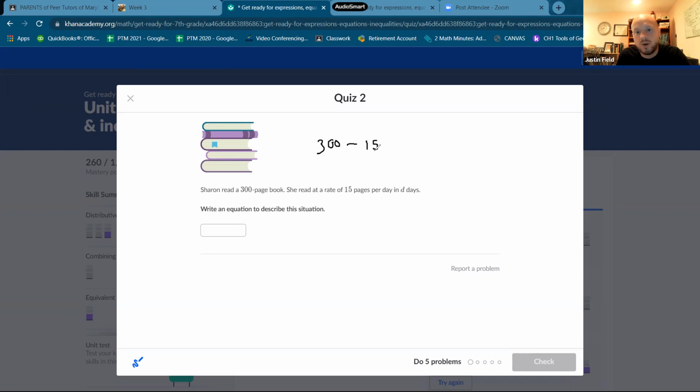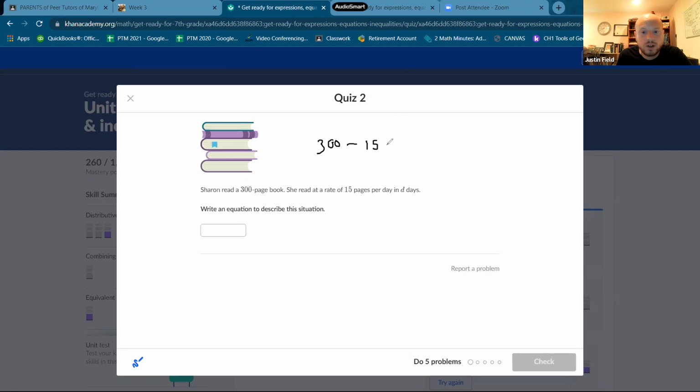So after day 1, we can say she was at 300 minus 15. That'd be 285. She had 285 left. And then after day 2, we could just multiply that 15 times 2, and then that would be the number of pages read, right?